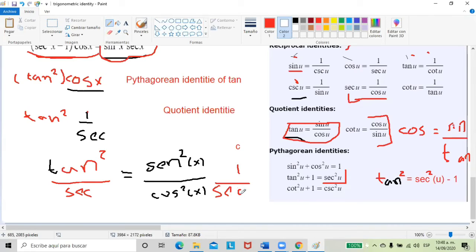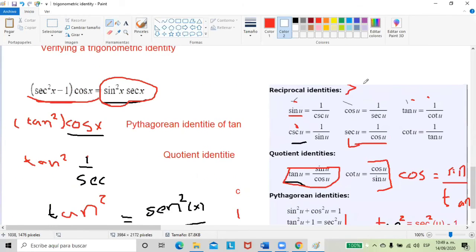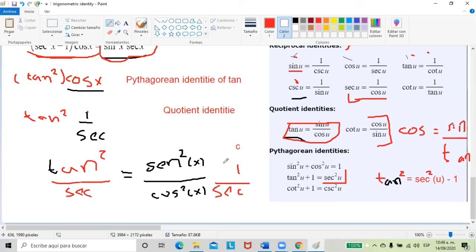So the secant, 1 over secant, we need the cosine. Yeah, cosine. Okay, so we can here have cosine, lo hubiéramos dejado como estaba con coseno simplemente. En vez de poner 1 sobre secante, hubiéramos dejado simplemente el coseno para eliminar, to eliminate with the other cosine that is below, okay?